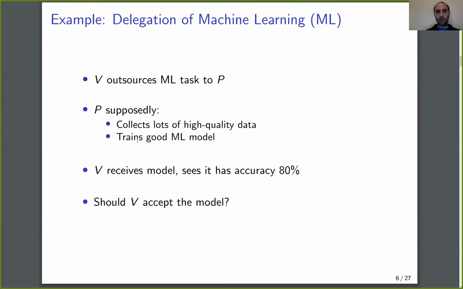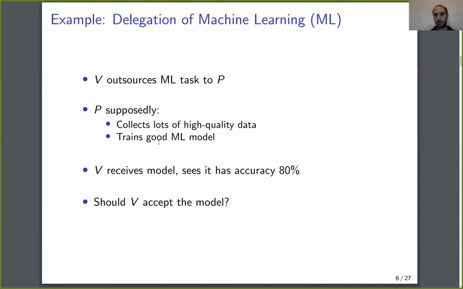Now the verifier receives the model, and it sees that the model has accuracy 80%. It can predict the correct label y with 80% probability. And verifying that it's about 80% is easy. Just take 100 samples or something like that and see what percent of those samples are labeled correctly by the model.